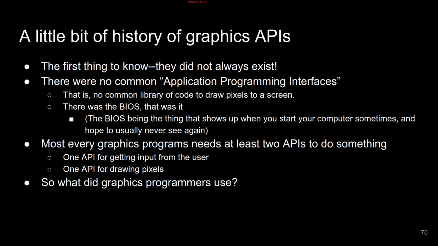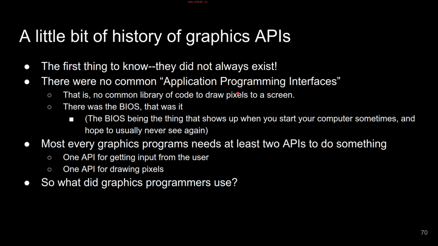And there was your BIOS, your basic input-output system. That's the thing that pops up when your operating system starts. Basically, you never want to see that again, but that had a routine to draw a pixel. So you had to figure out, how do I render this pixel and project it in a way that'll look 3D on my screen. Okay.